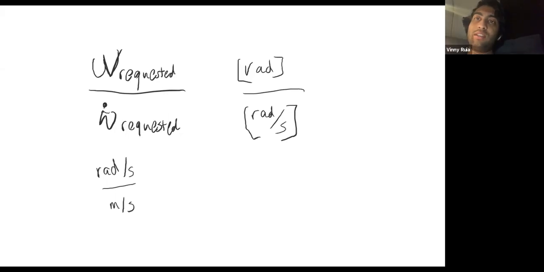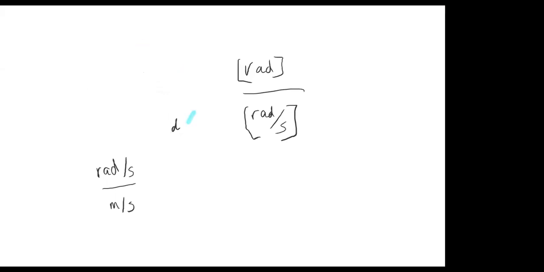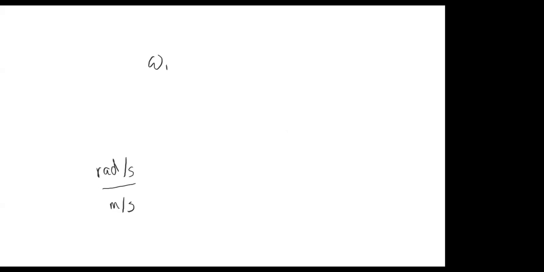That'll give you radians per meter, and because of the magic of radians, that pops out as curvature, or is that the radius? And then you flip it over to do curvature. I always have to draw it out. Sorry.